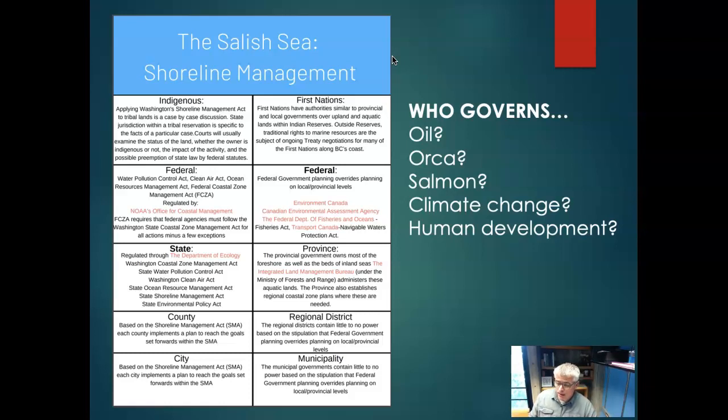And that's the Department of Natural Resources that issues the lease. However, it's the Department of Ecology that evaluates the impact of it. So if a new fish farm is proposed to go in, Department of Natural Resources will issue the lease for that underwater area, and the Department of Ecology will evaluate the environmental impact statement.